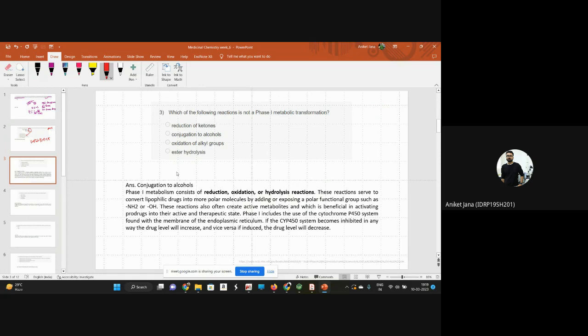This is definitely a metabolic reaction, that is a chemical reaction that takes place in our body. But what is the characteristic significance of this phase 1 transformation?